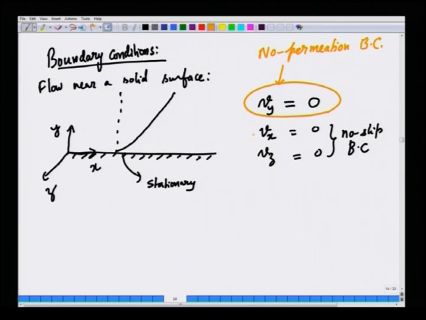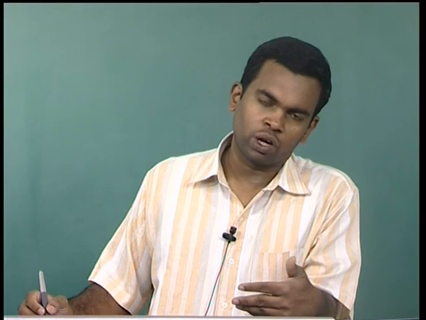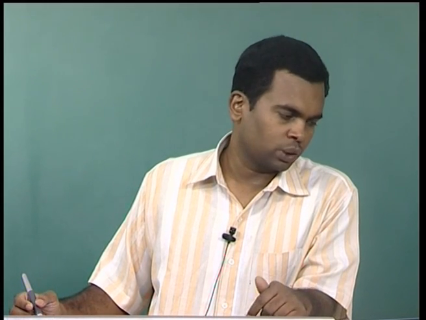While the tangential components of the velocity vector, V x and V z, being 0 is a consequence of what is called the no slip boundary condition. This is merely an experimental observation. It turns out that most fluids, when they flow past a solid surface, obey this condition. It cannot be proved rigorously, whereas the other is merely a statement of mass conservation, that if there is no fluid flow into the solid boundary, then the normal component of the velocity is 0.